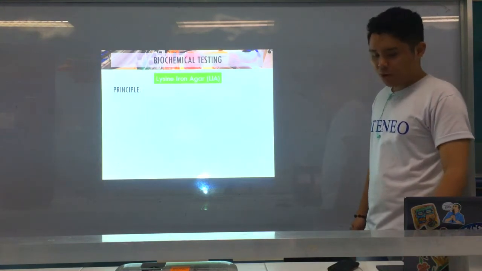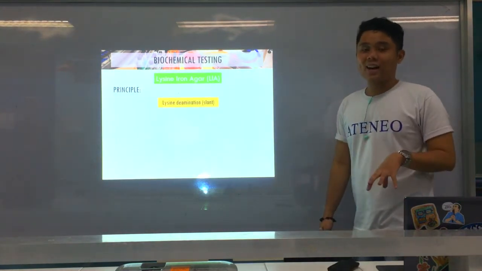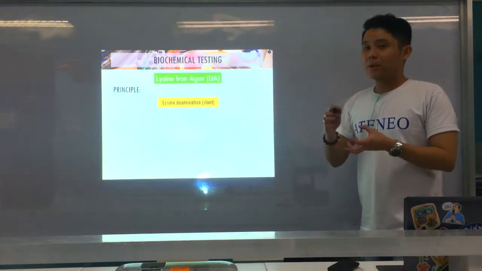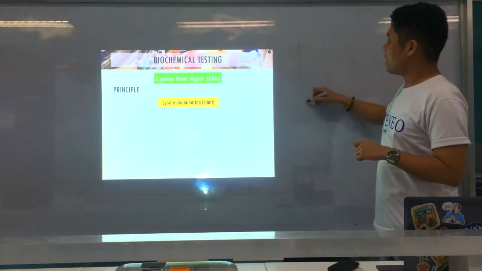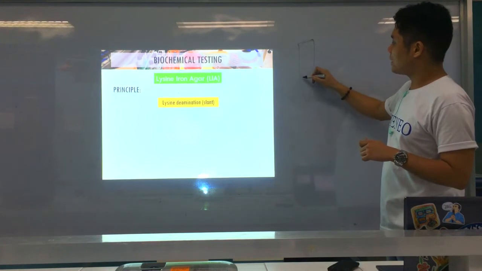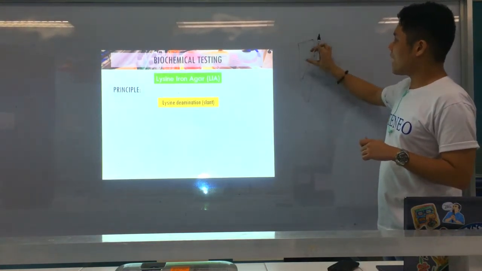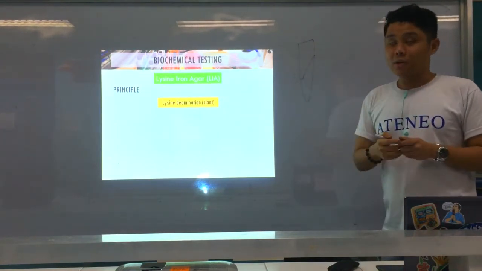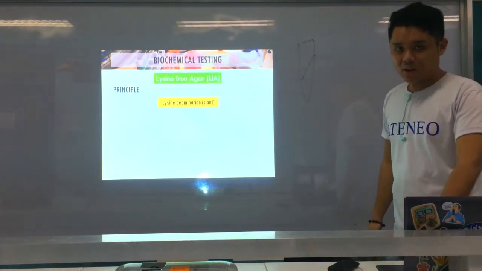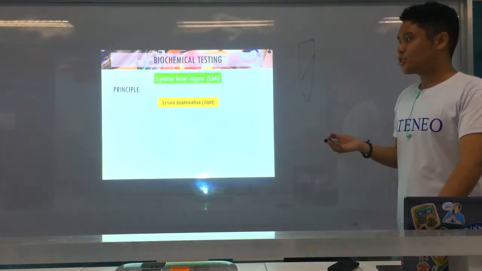Now, we go to the principle. It could be either deamination or decarboxylation. Deamination happens in the slant because deamination requires oxygen. The slant is really exposed to the air, so deamination requires a lot of oxygen; it's a very aerobic reaction.